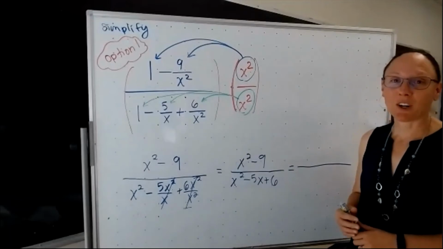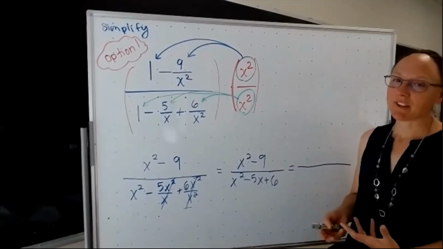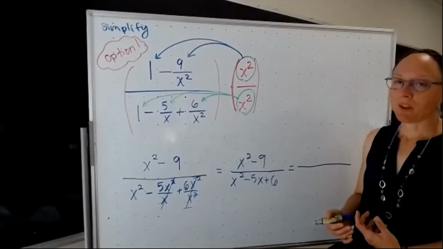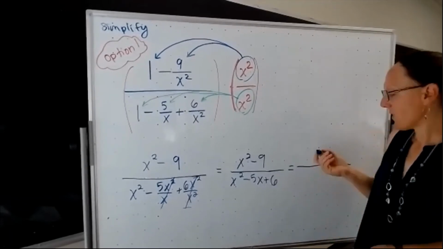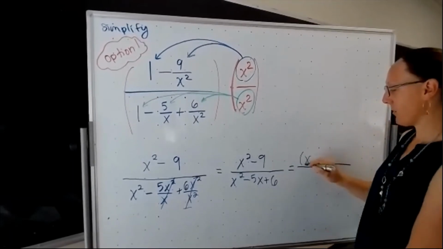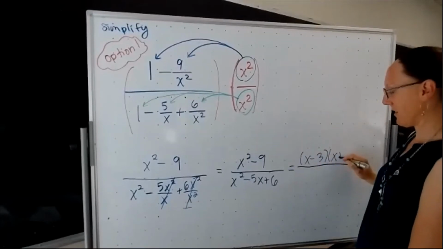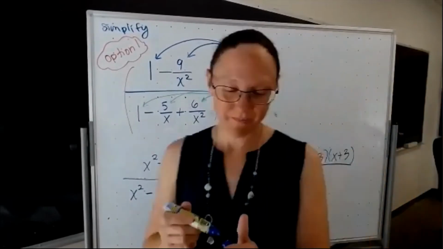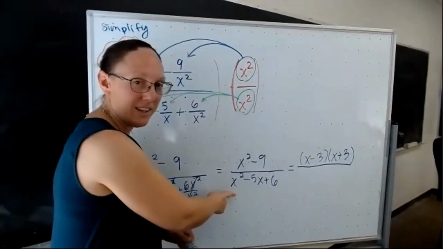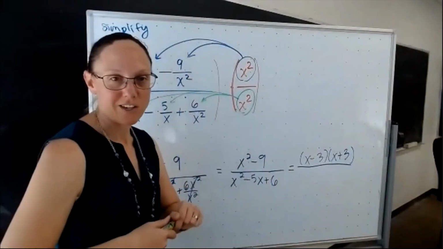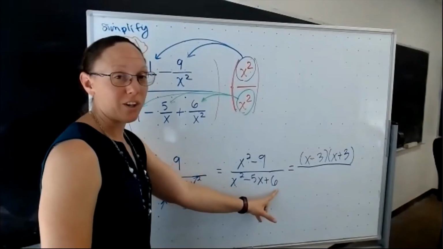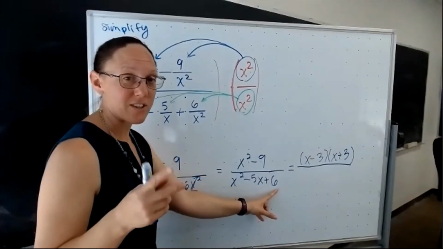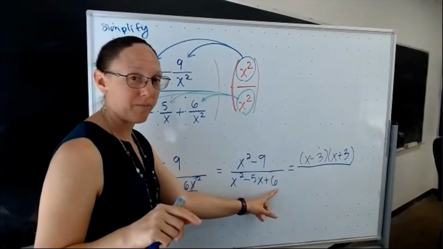That top x squared minus 9, that difference of squares shows up a lot. That's one that we want to get really fast with factoring. So x squared minus 9 is going to become x minus 3 times x plus 3. And this one I've been using a lot too. The numbers are pretty nice and friendly. I know that in terms of 6, I've got 2 factors, 6 and 1 or 2 and 3.